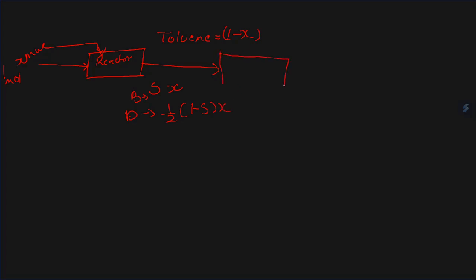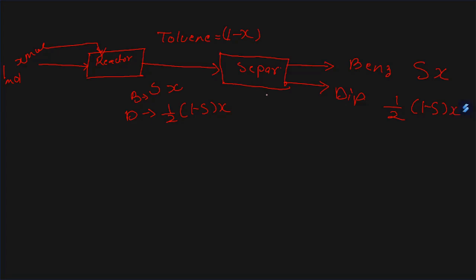These are the streams which are mixed. This is a separator column, and it gives you benzene and diphenyl separated, which is S into X, that is selectivity into X, and diphenyl is (1 minus S) upon 2 into X.